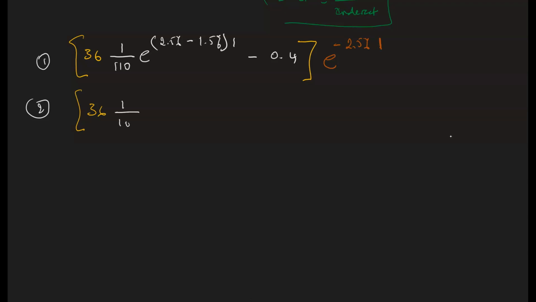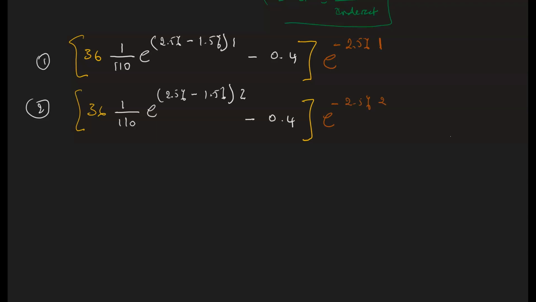So I multiply by the spot exchange rate and the exponential of the domestic interest rate, 2.5%, minus 1.5% for 2 years this time, minus 0.4. And then I'm going to discount that back by the exponential of minus 2.5% for 2 years.